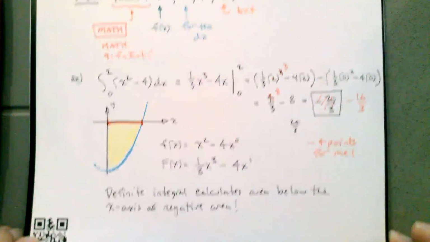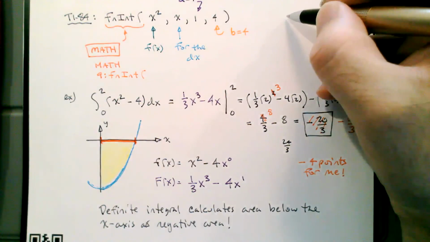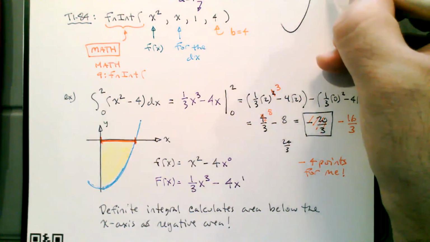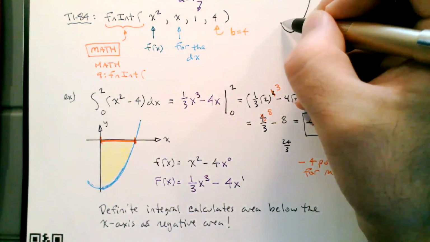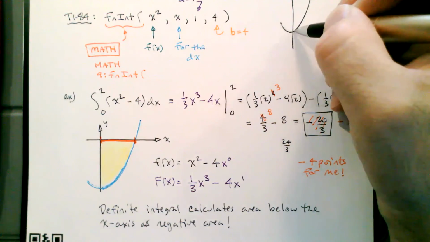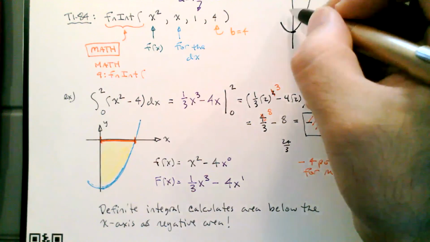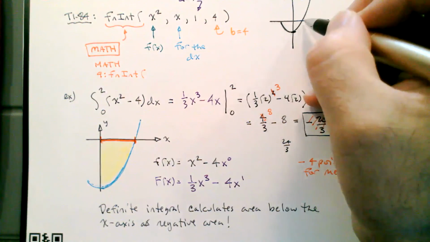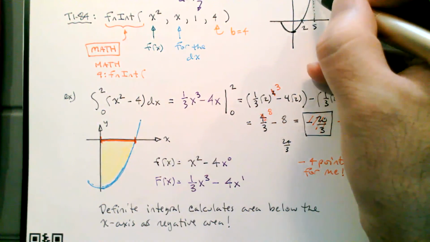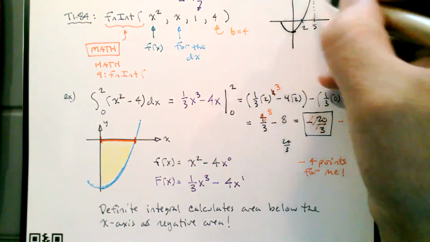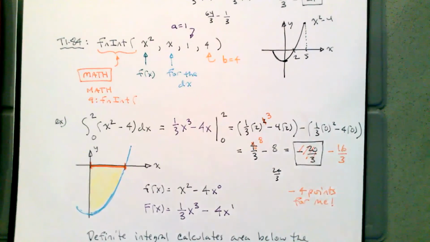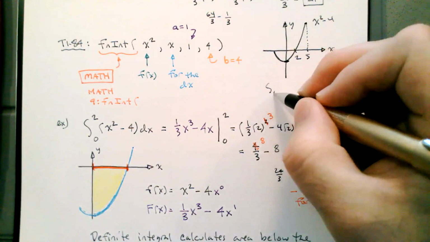What if we were looking at the graph of x squared minus 4 but not just on the interval from 0 to 2, but the interval from 0 to 5?